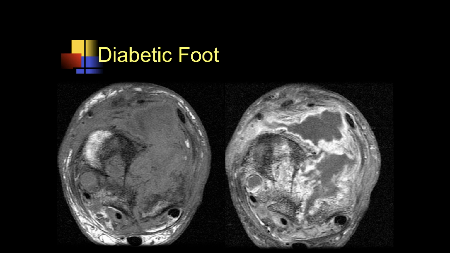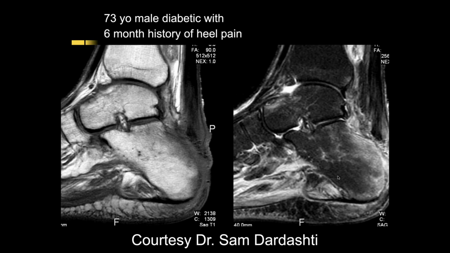But with the current agents that we use, the risk of renal disease is insignificant compared to the value of the information that we get giving contrast, because you really need the contrast in order to really see where the abscesses are. And as John was saying, you have to get rid of all the infection if you're going to operate. Otherwise, you're just making matters worse. So contrast really is very valuable in pre-surgical evaluation of these patients with diabetic foot.